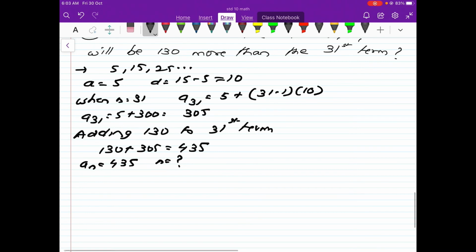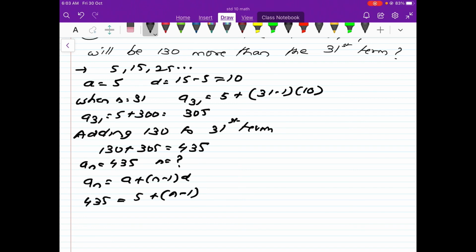Remember, it is in the same AP. So now we will put this formula AN is equal to A plus N minus 1 into D, where I don't know N. So 435 is equal to, what is A? It is 5 plus N minus 1, and what is D? It is 10. So this is 435 minus 5 is equal to 10n minus 10.